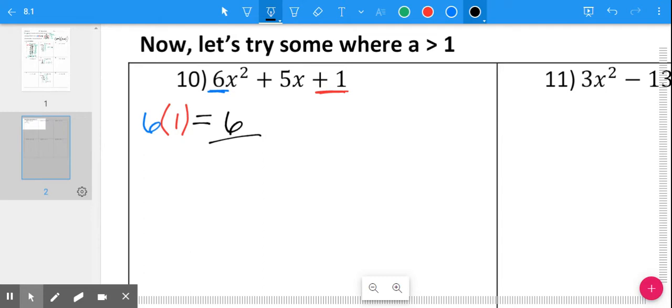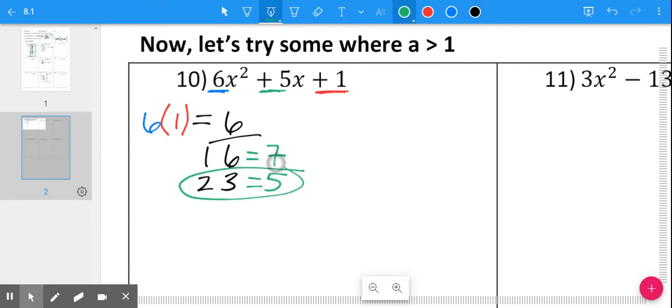So we know that our two factors are going to multiply to make a positive 6 and add to make a positive 5. Therefore, both factors must be positive. So to make a 6, we can do 1 times 6 and 2 times 3. So when you add your factors, we get 7 and 5. Because your b value is 5, those are the ones we're going to use.